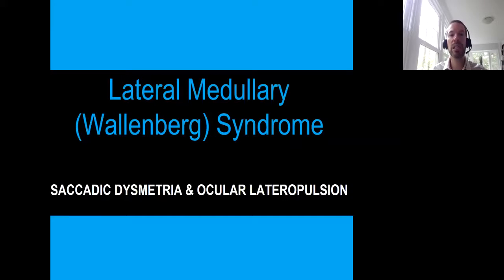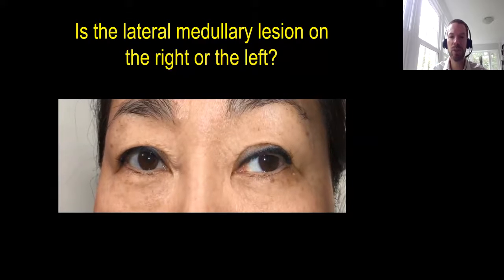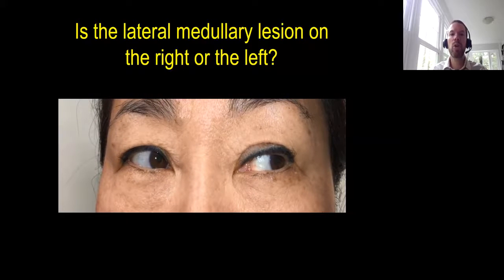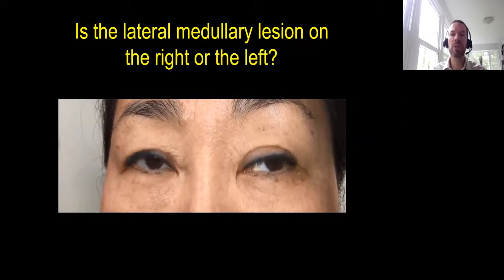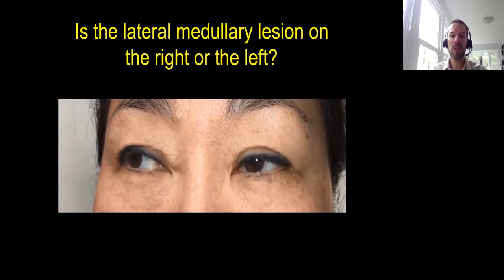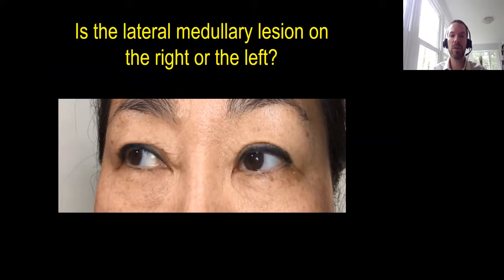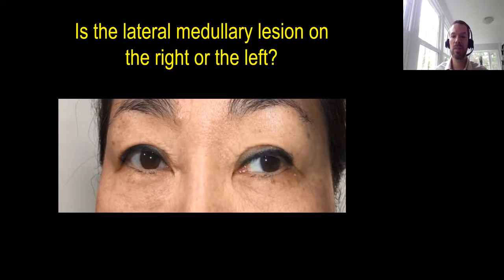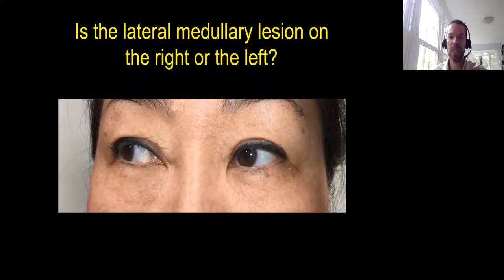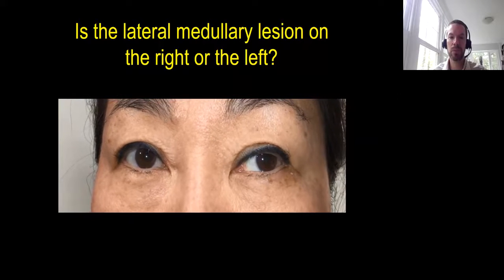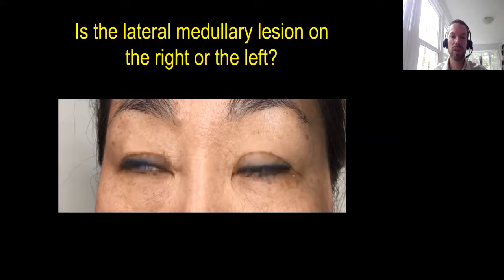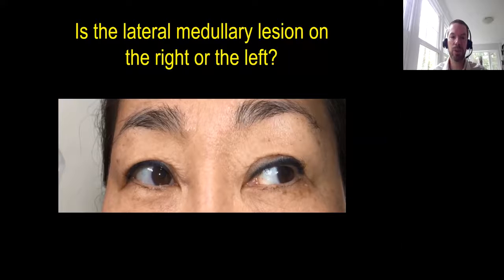So first we'll talk about saccadic dysmetria and ocular lateropulsion, what they are, what they look like. First of all, tell me this patient has a lateral medullary stroke. Is it on the right or on the left? Can you tell simply by looking at the saccades? Yes, you can. So when she's looking to the left, she overshoots.